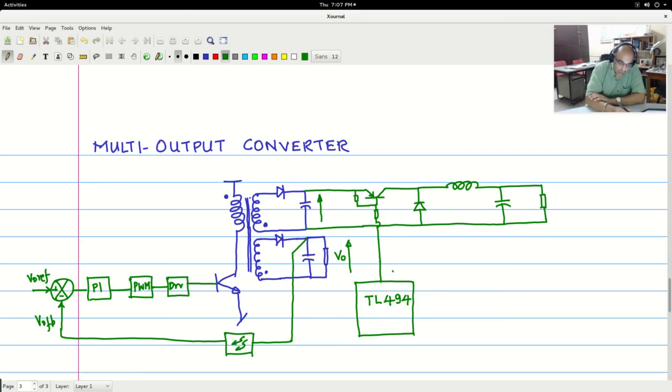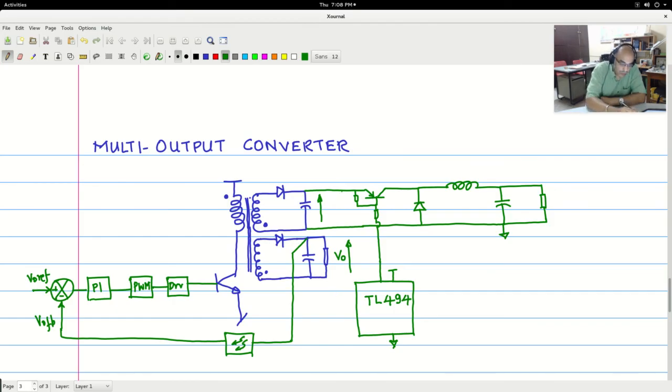You have to give it a supply, and it should have a ground. So let us say I choose this as the ground, and you refer it to that ground. So still there is no link to the ground of the other side.